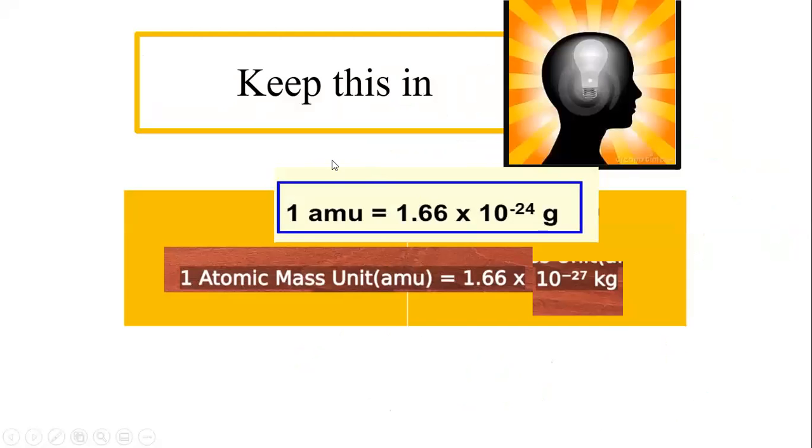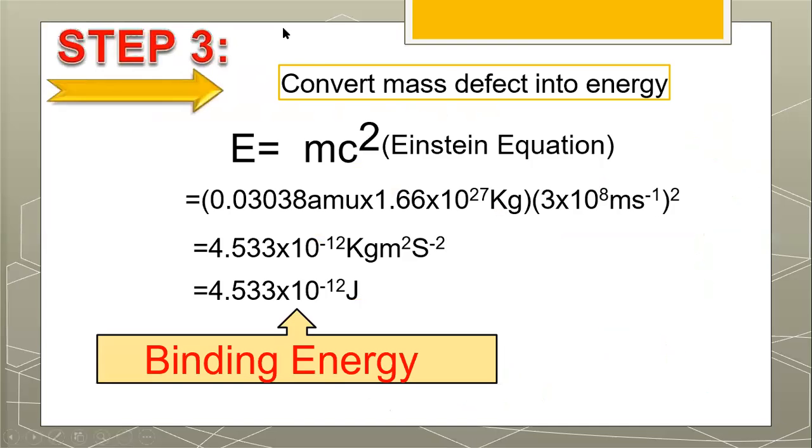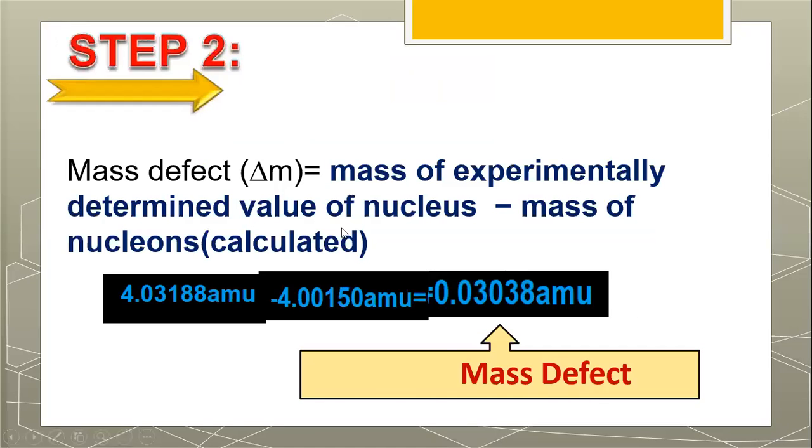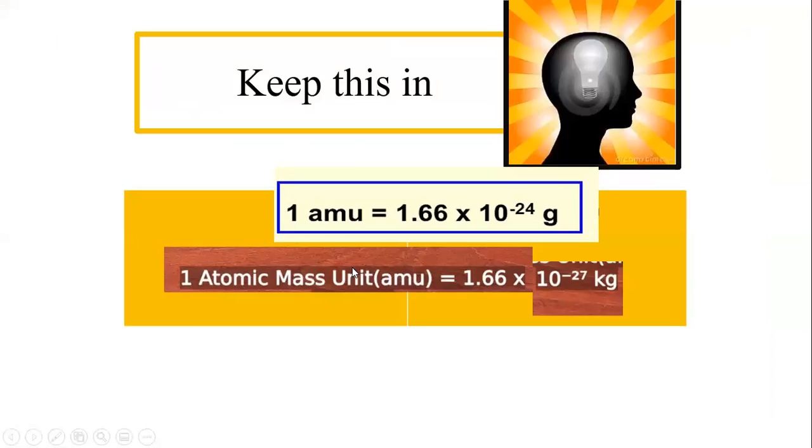Now we will move back to our topic, that 1 AMU is equal to this, and 1 AMU will be equal to 1.66 multiplied by 10 raised to power minus 27 kg. So according to the equation of Einstein, E is equal to mc square, and the m will represent the loss of mass, which we have calculated earlier, that is 0.03038 AMU.